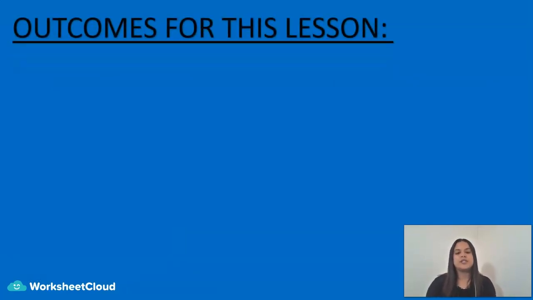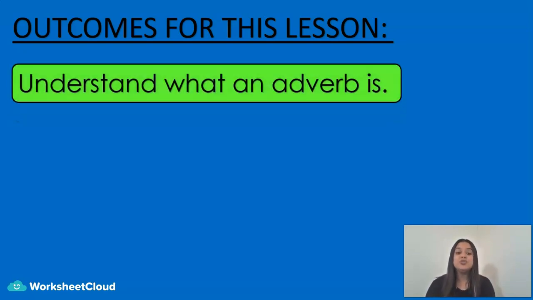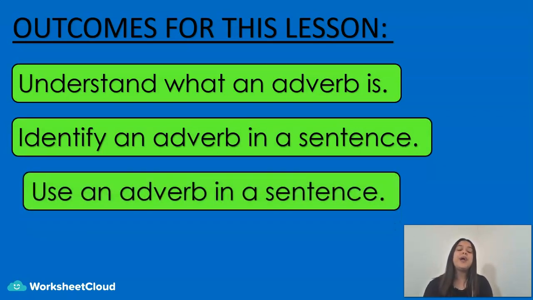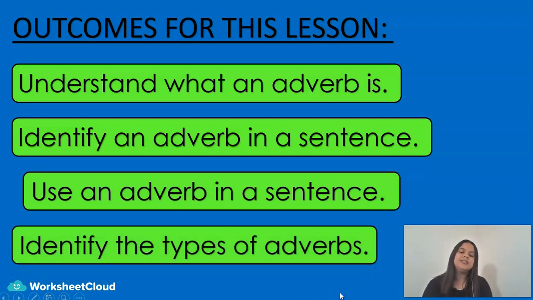What are the outcomes for this lesson? So what do I want you to know by the time you have completed all the activities we are going to do in this lesson? I would like you to have understood what an adverb is, to be able to identify an adverb in a sentence, to be able to use an adverb in a sentence, and lastly, to identify the different types of adverbs.